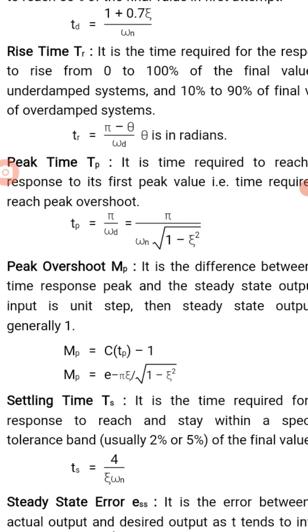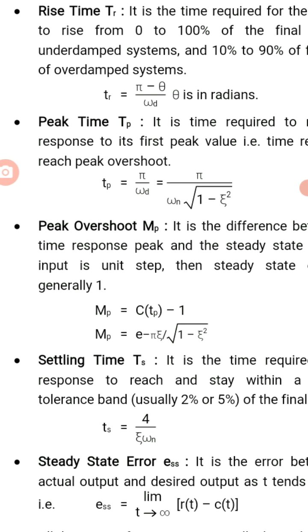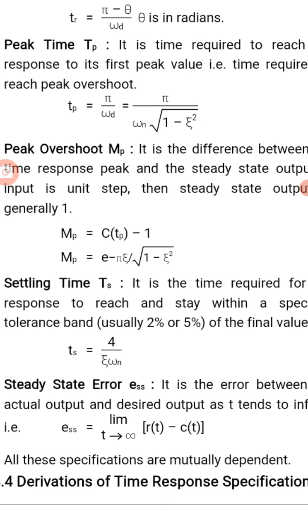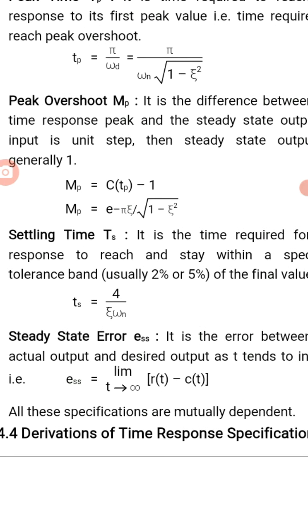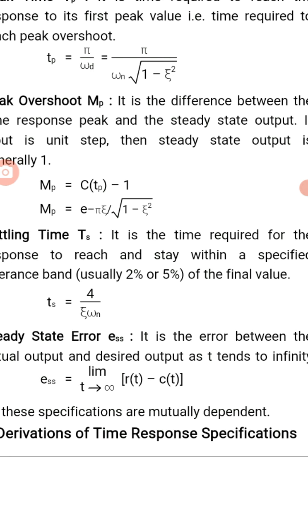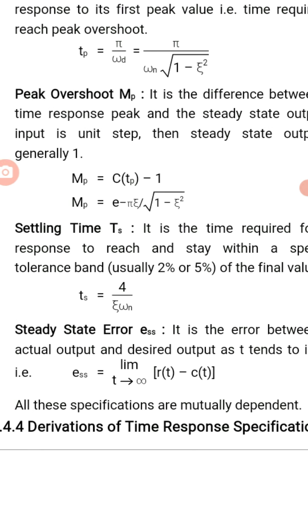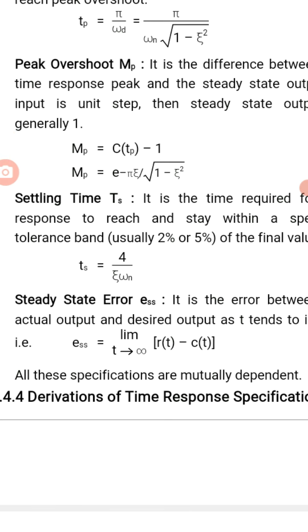It is the difference between the time response peak and the steady state output. If the input is a unit step, then the steady state output is generally 1. Mp = c(tp) minus 1. So Mp = e raised to minus pi zeta upon square root of 1 minus zeta square. It is always greater than 1, that's why c(tp) minus 1 is there.